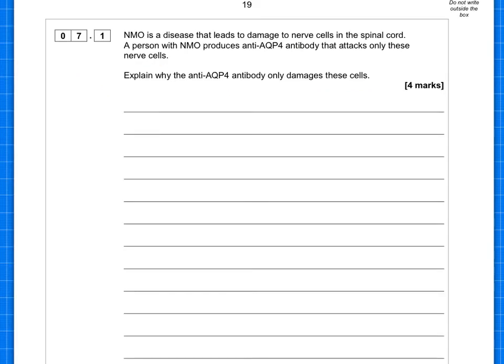On to question 7.1, and it tells you NMO is a disease that leads to damage to nerve cells in the spinal cord. Again, NMO is not in the spec, but it tells you what it does. A person with NMO produces anti-AQP4 antibody. Now in that statement, anti-AQP4, I'm pretty certain you probably won't know what that is, but you all should know what an antibody is.